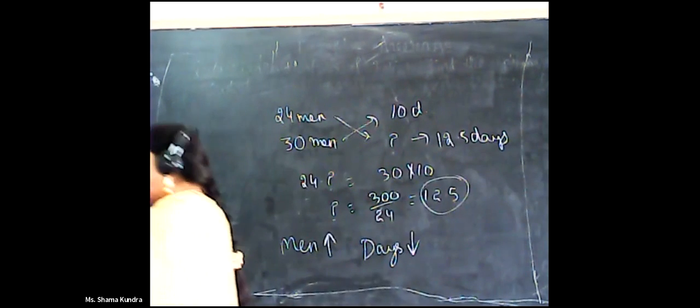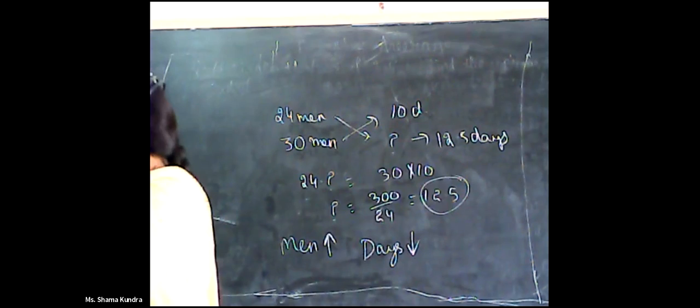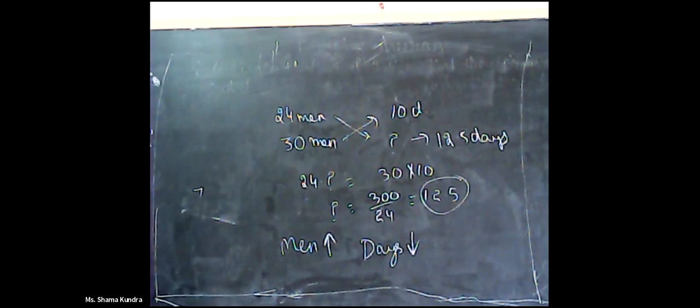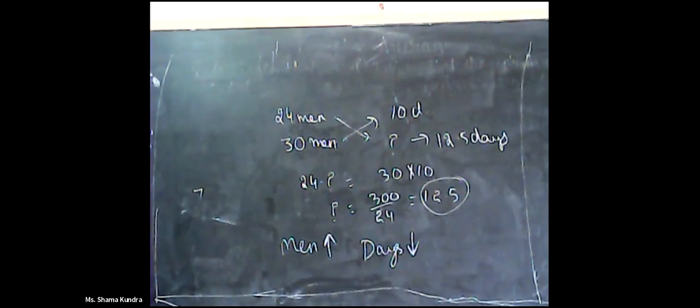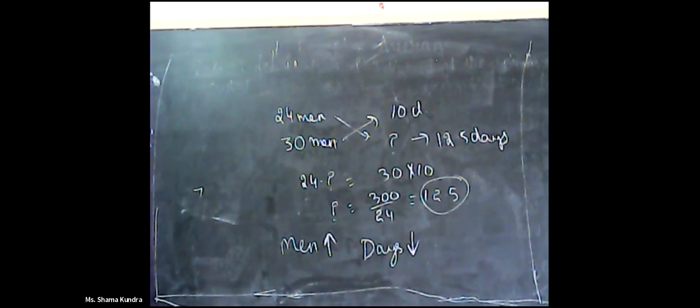So how is it possible? This answer is wrong. If the number of men increases from 24 to 30, days should decrease. But here days have increased from 10 to 12.5, even though the number of men has increased. So this is the wrong approach.